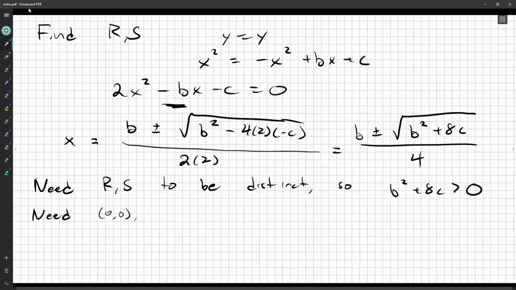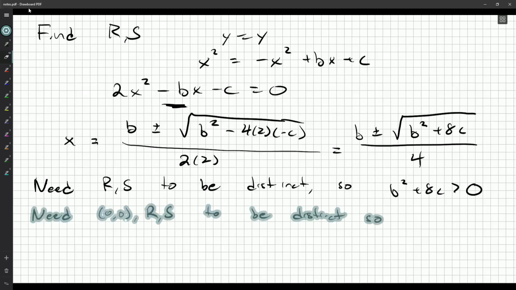Need R and S to be distinct. I don't like this form. This is what's annoying me.